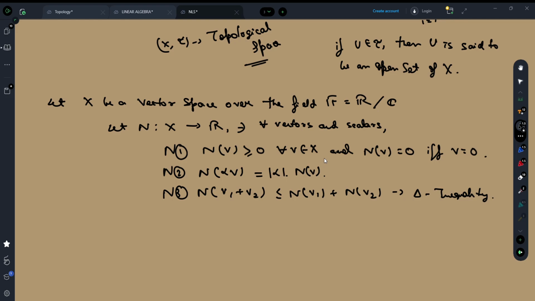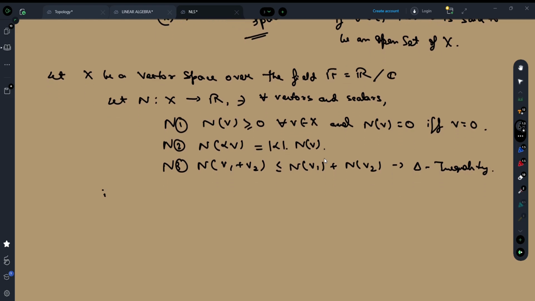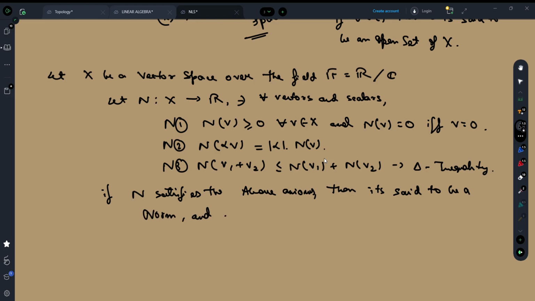So if n satisfies the above axioms, then it's said to be a norm, and we then denote the function n by this symbol.